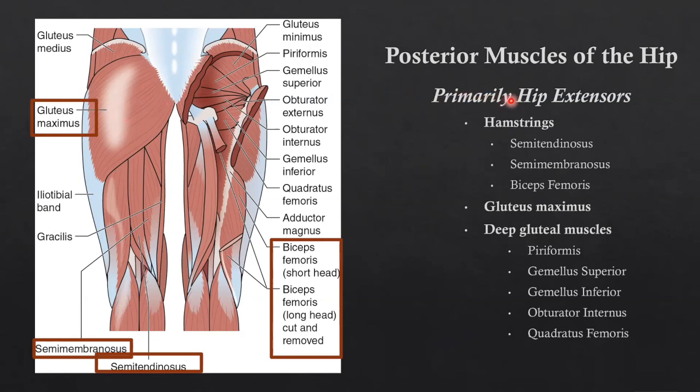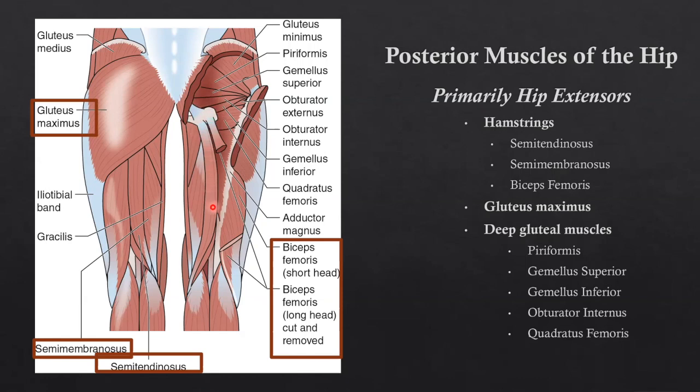Another major group that extends the hip will be our hamstring muscles. Our hamstring muscles are comprised of our semitendinosus, our semimembranosus, and our biceps femoris muscles. You notice that each of the hamstring muscles originate on and around the ischial tuberosity.